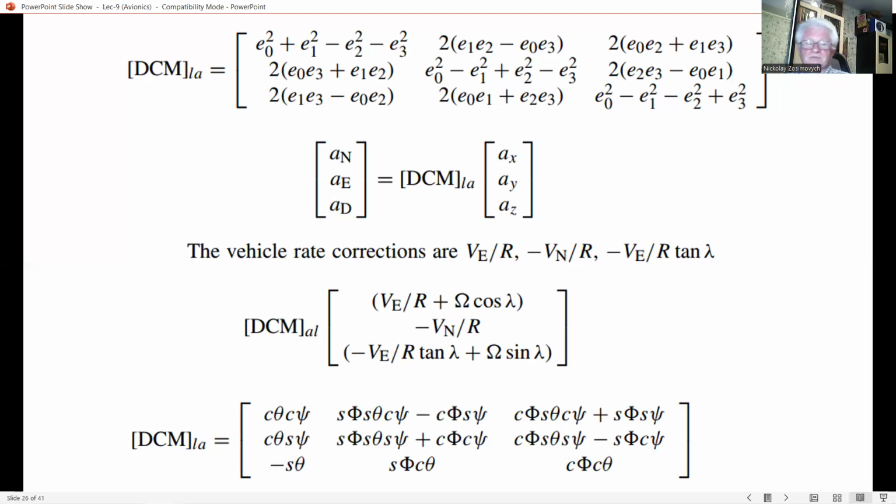The latter corrections are known as the vehicle rate corrections. Earth rate and vehicle rate corrections will be covered a bit later.